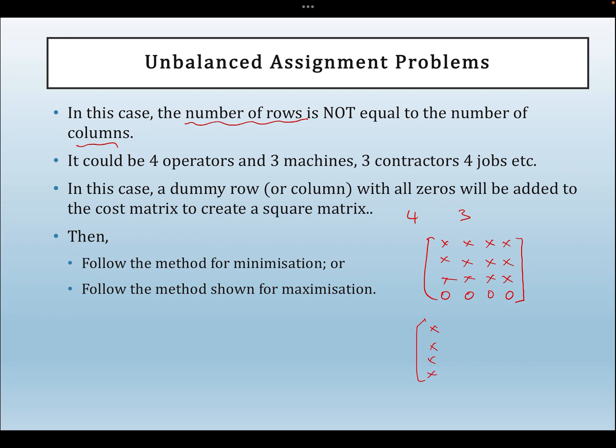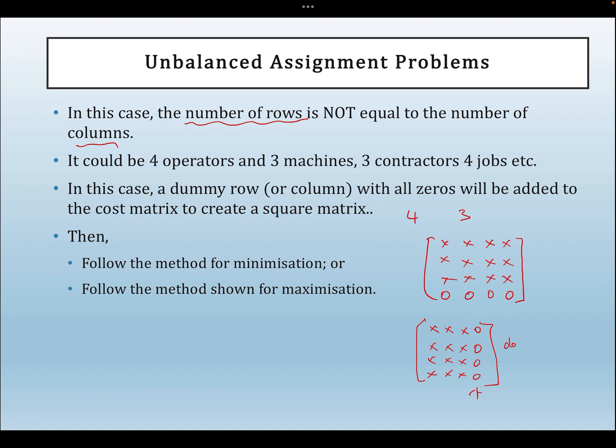On the other hand, if we have this situation, if we have to add in a dummy column, we don't have to do the column reduction because every single row has a 0.